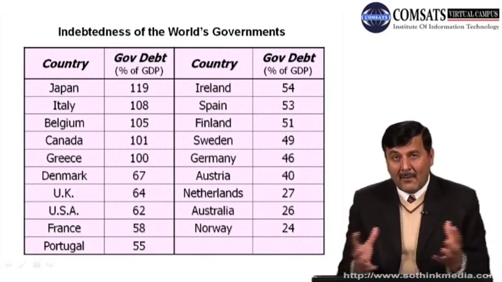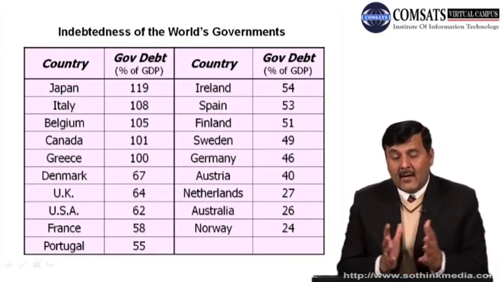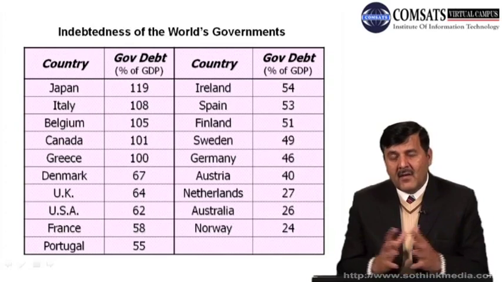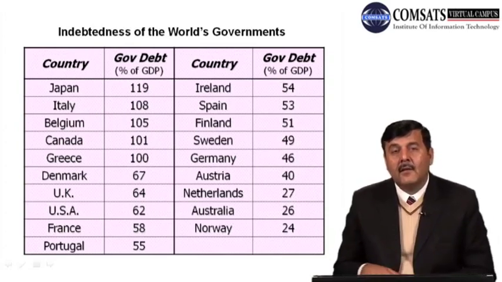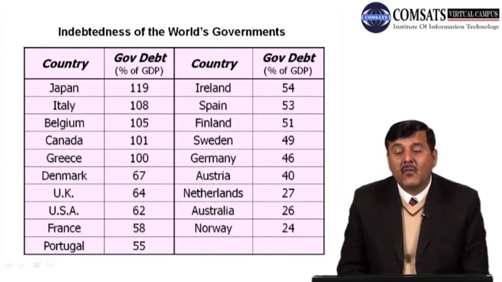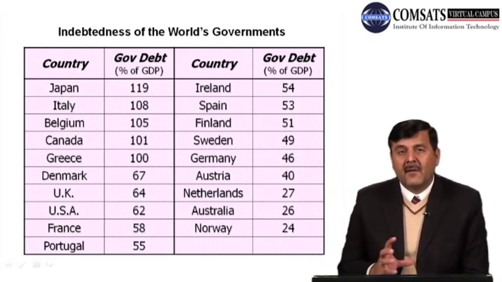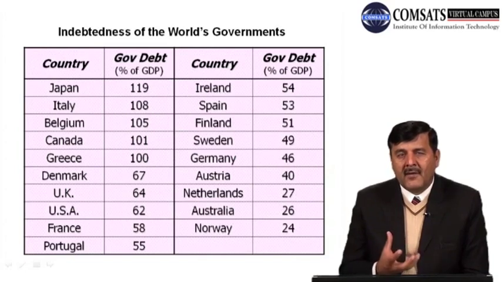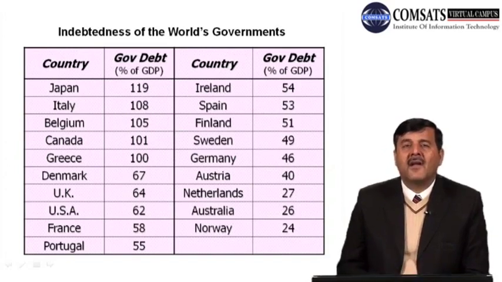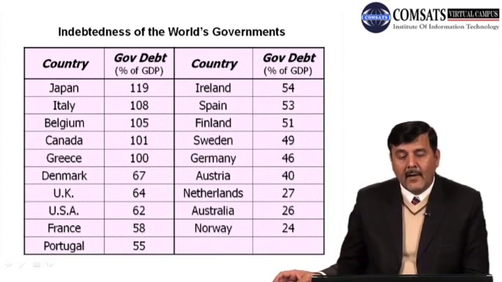So what this table tells us is that the US, as compared to other countries, has a moderate level of debt as a percentage of GDP. Please remember that in this lecture, most of the time we'll be comparing the US government with other countries' economies.